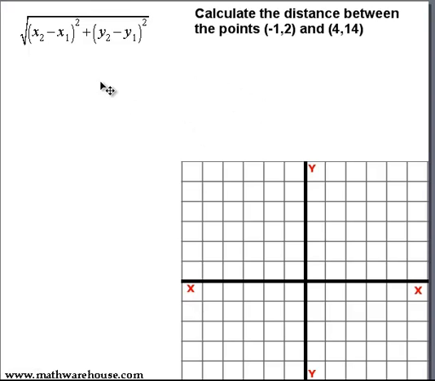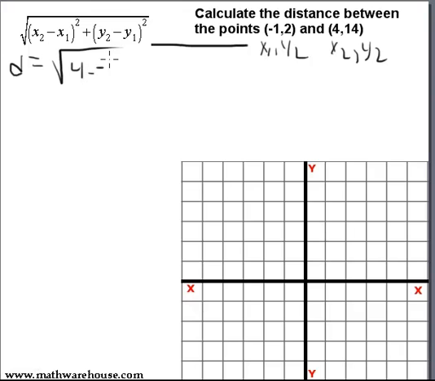We're going to say d equals, and we might as well say this is x1, y1, this is x2, y2, d equals the square root of (x2 minus x1), 4 minus -1 squared, plus (y2 minus y1) squared.